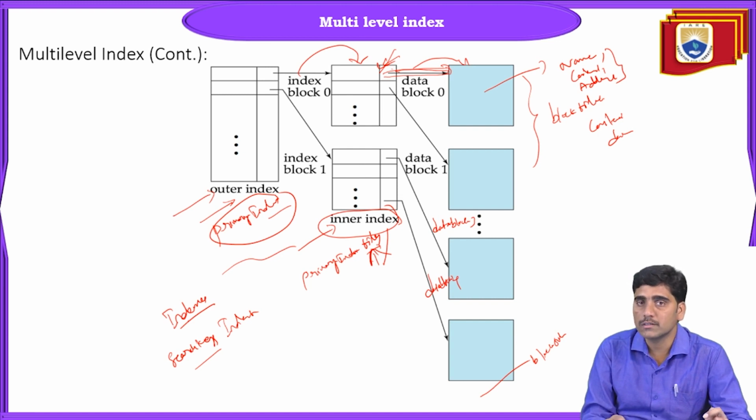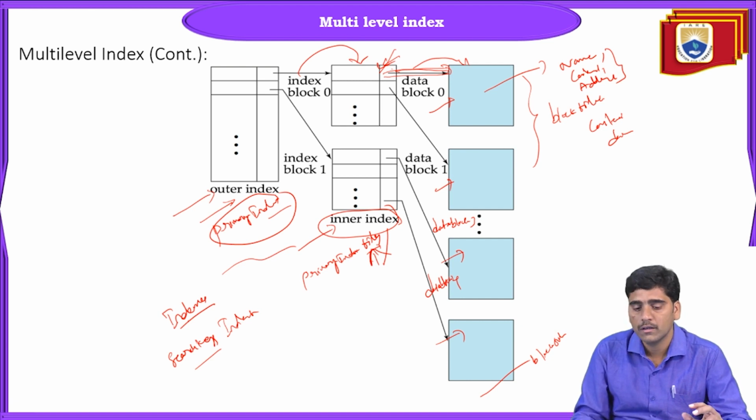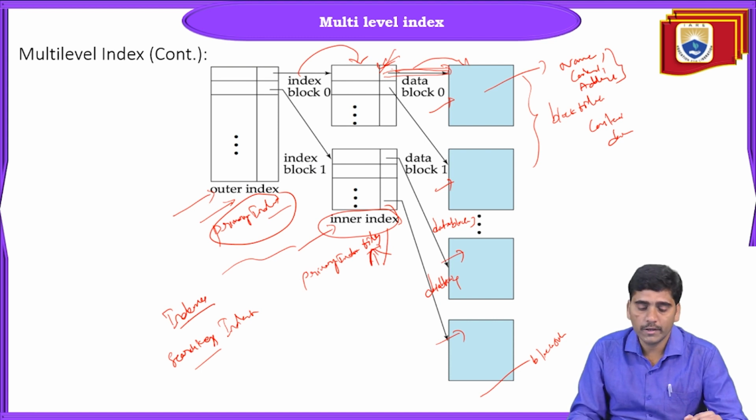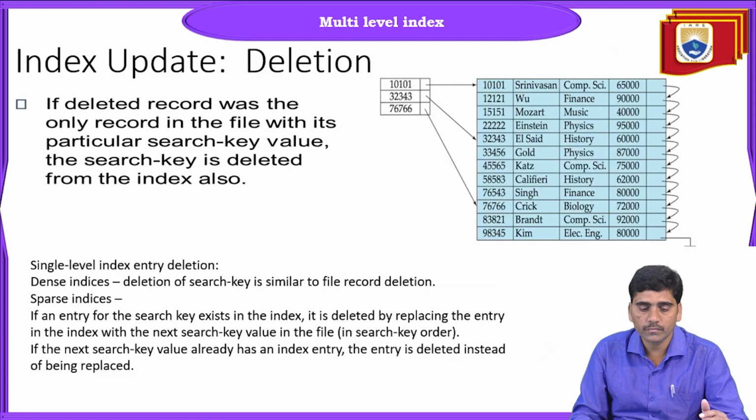Based on those search keys, the data inside the data block is going to be fetched and retrieved. So this is all about multi-level index. Each and every file record is maintained with the help of the inner index as well as the outer index.